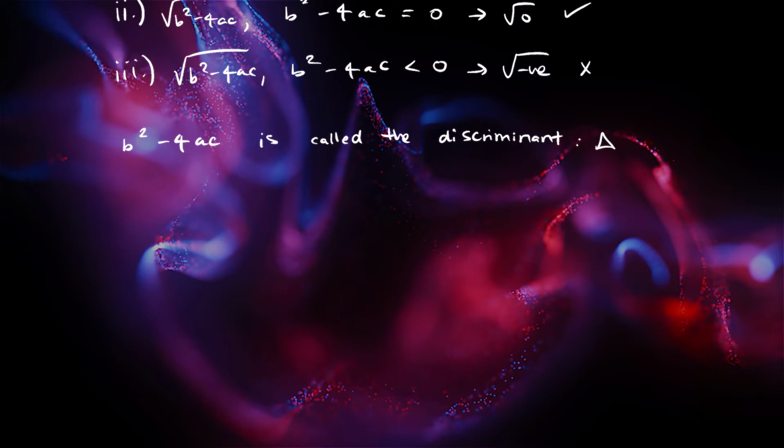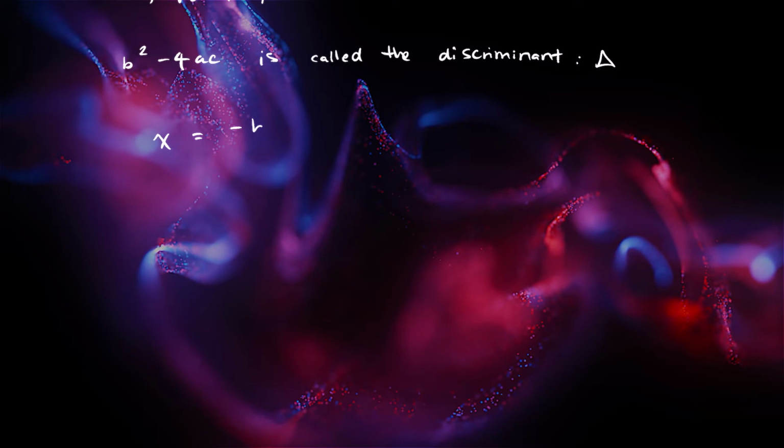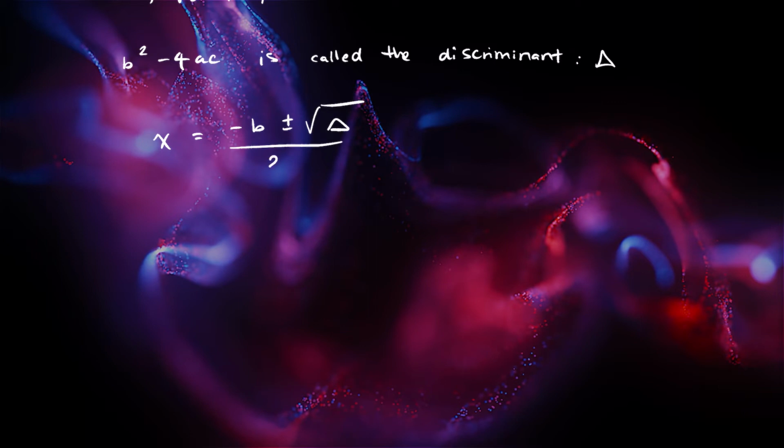So how do we know this? Well, now we're going to have to revisit the quadratic formula. Remember, in the first scenario, we said that b squared minus 4ac was positive. In general, we have x is equal to negative b plus or minus the root of the discriminant over 2a.